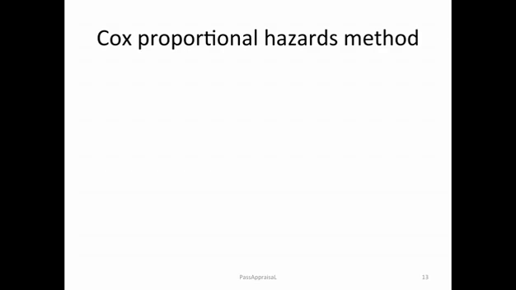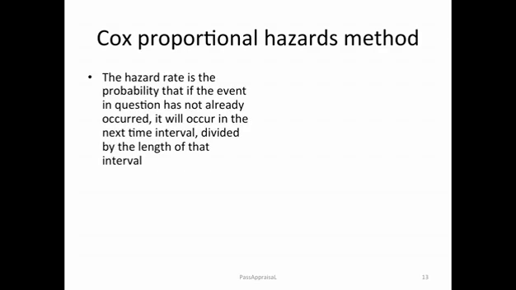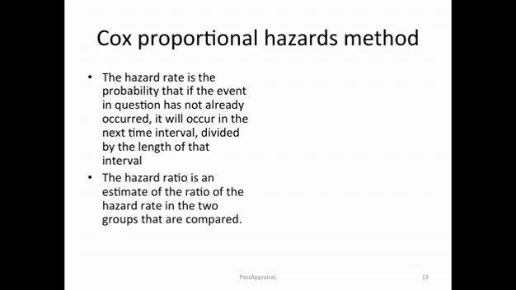The second test is called Cox regression or Cox proportional hazards test. Hazard rate is the probability that if the event in question has not already occurred, it will occur in the next time interval, divided by the length of that interval. We can compute this for each group separately. Hazard ratio is an estimate of the ratio of the hazard rate in the two groups that are being compared.